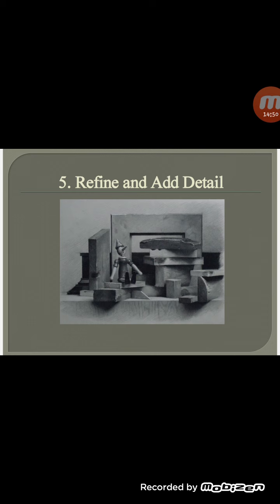He usually concentrates on one small area at a time and models it to its finish, refining tones and adding incidental detail while taking care to compare values one to another to judge their relative tones. Adding the wood grain and other incidental details contributes to the finished look of the drawing.